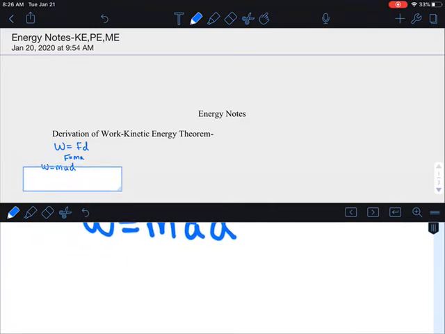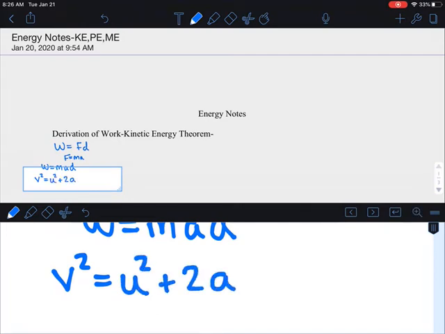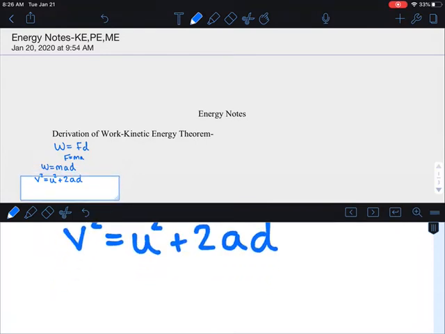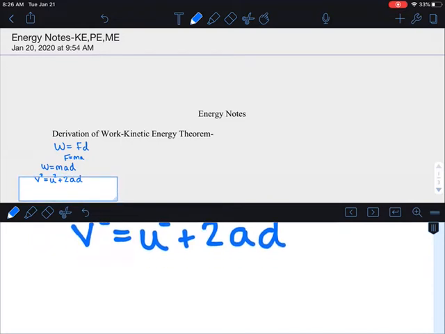But then, also in 1D motion, we learned that v squared, or final speed, equals u squared plus 2 times acceleration times displacement, which we used as S, but in this case I'm going to use D. All right. And let's just go ahead and rearrange this equation a little bit, and then plug it back into our original equation.